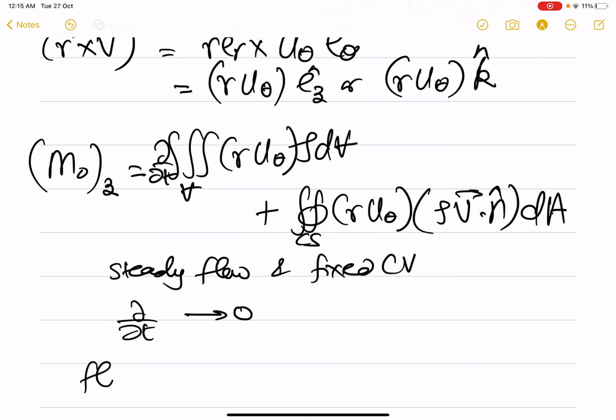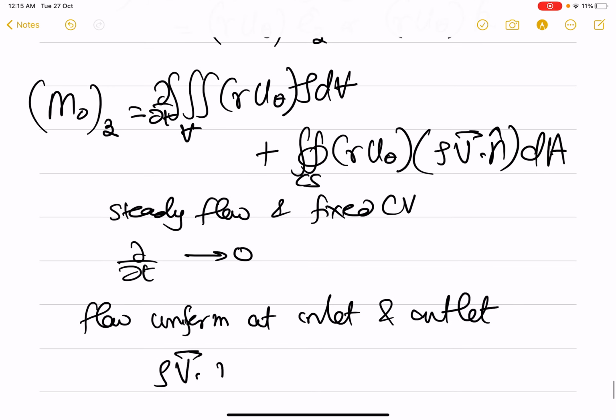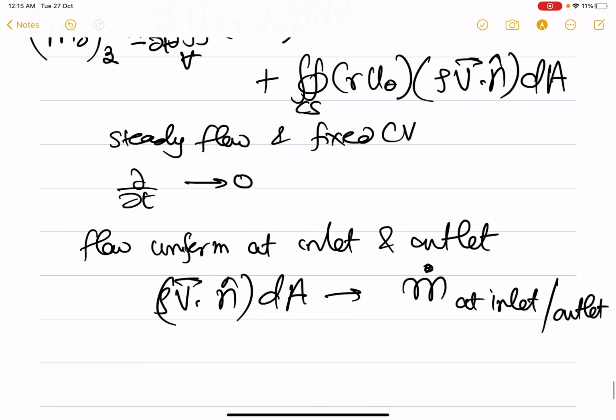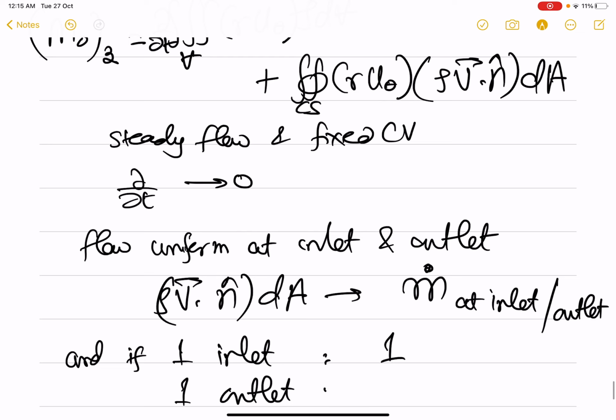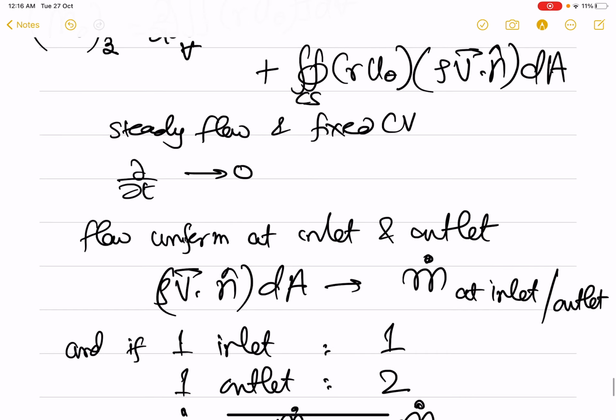And if the flow is uniform at inlet and outlet, then rho v dot n dA becomes m dot at inlet or outlet. And if there is one inlet which we call 1 and one outlet which we call 2, then we also know m dot 1 is equal to m dot 2, and we can call it m dot.